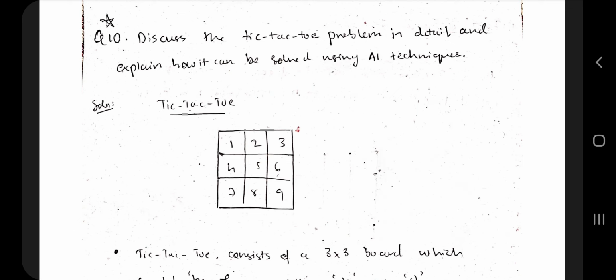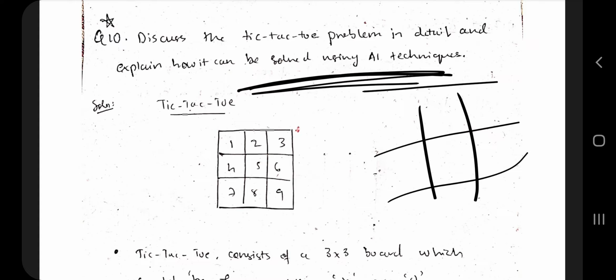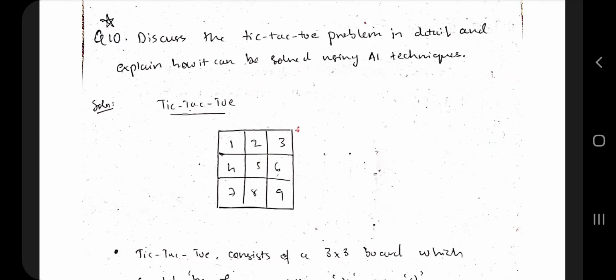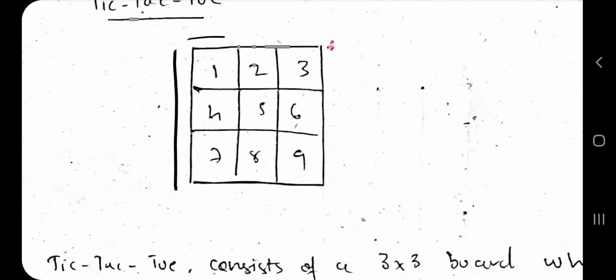So how can it be implemented using AI techniques, so that the computer can also play with us when we have no friends? If we are sitting lonely at home and have no friends, we can play with the computer. That's why we have to learn how to solve it using AI. The number of cells is 3 cross 3, 3 rows and 3 columns.